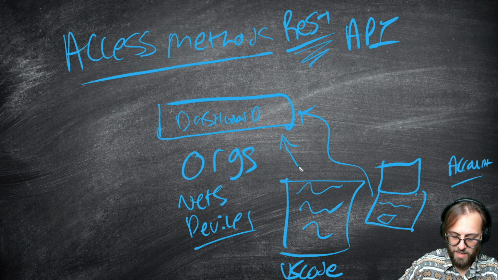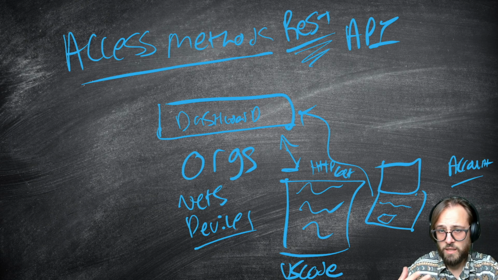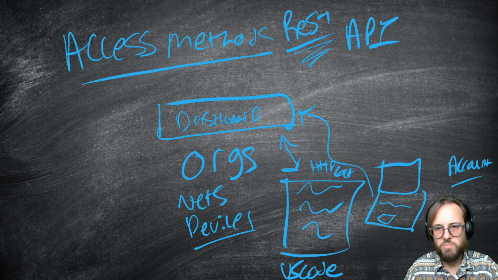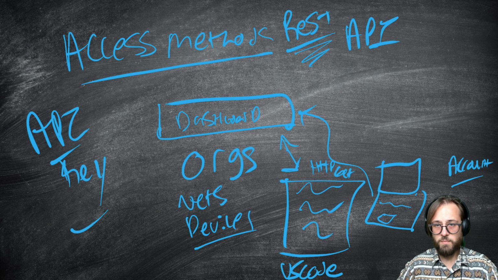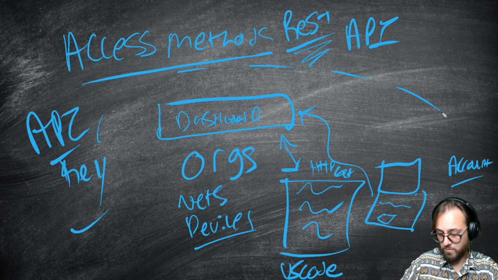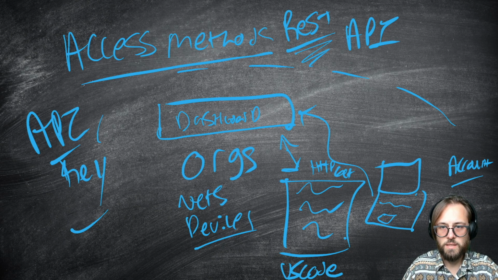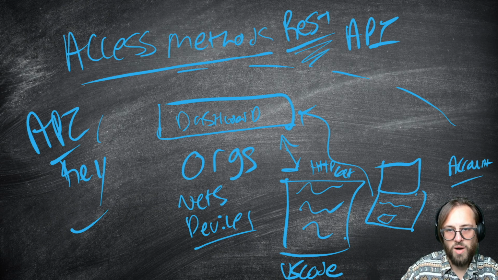We're making an HTTP GET request so that we can request the organizations that my API key is tied to. So you need to generate an API key. With that API key, which is tied to your account, you will be able to do gets and puts and deletes and all kinds of HTTP methods that can do things to your Meraki devices, networks, and organizations.